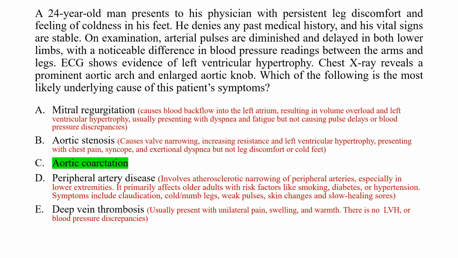And option E, deep vein thrombosis, is blood clot formation in deep veins, typically presenting with unilateral leg swelling and pain. The symptoms include redness, warmth, and tenderness, but no blood pressure differences. And it does not cause left ventricular hypertrophy on the ECG.